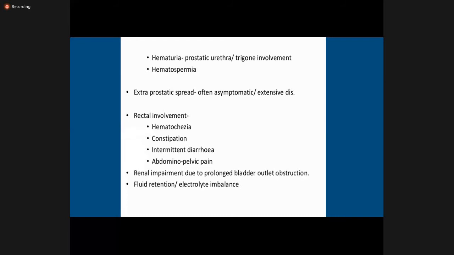He might have hematuria, hematospermia. So rectal involvement may cause hematochezia, constipation, intermittent diarrhea, abdominal pelvic pain, renal impairment due to the prolonged bladder outlet obstruction or fluid or electrolyte imbalance.